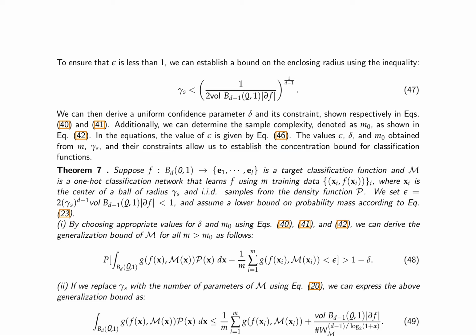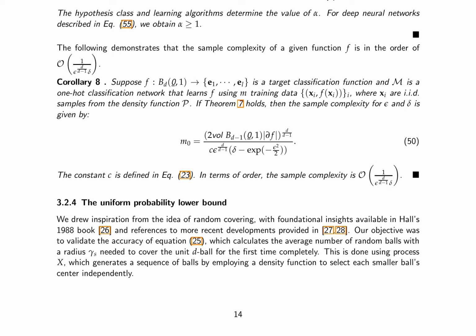The authors also provide corollaries to both theorems, which provide explicit expressions for the sample complexity in terms of the known constants and parameters. They highlight the significance of their results, which demonstrate that the sample complexity of a given function is dependent on the dimension of the input domain, the number of parameters, and the probability mass of the target function.